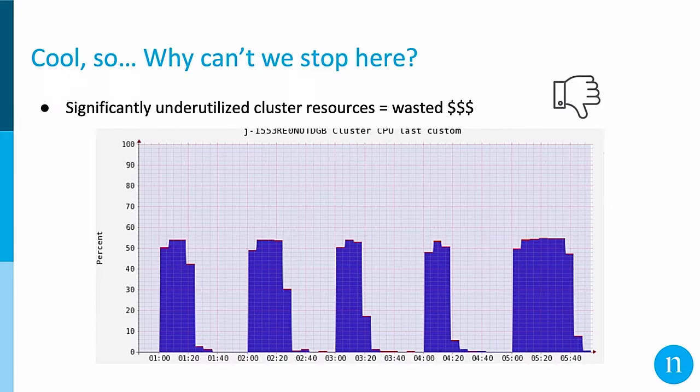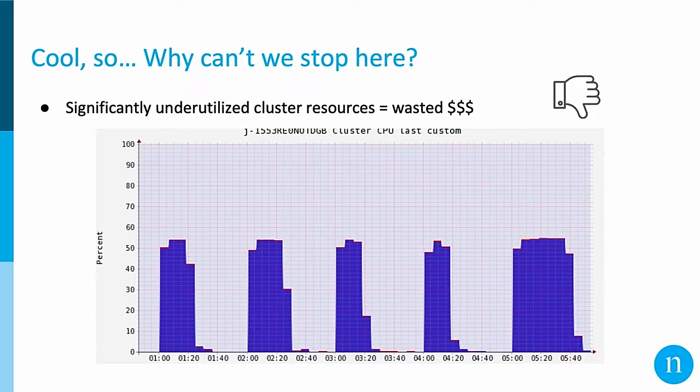So the first problem that we had is we had significantly underutilized clusters. I didn't mention it earlier, but we used very large micro batches. So micro batches of 1 hour. And the reason is the longer your micro batches, the better aggregation ratio you can get, right? If I have, for example, 300 million messages for a 1 hour micro batch, I can maybe aggregate those into, say, just 1 million rows for output, right?